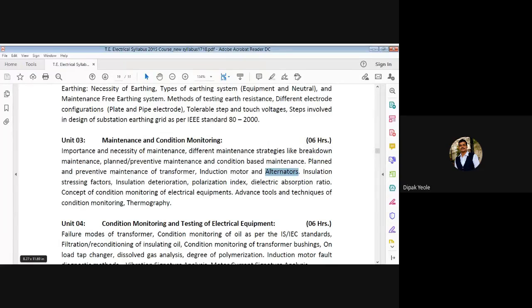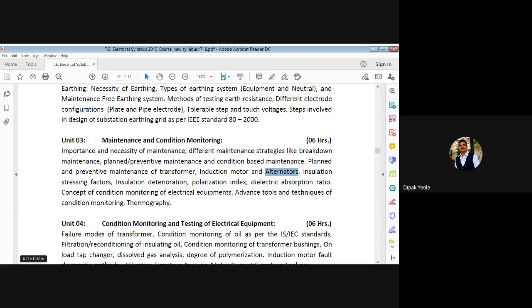That is the need of having synchronous generators or alternators inside the generating stations. And obviously, if there is electrical equipment, we have to carry out maintenance because we are interested in increasing the performance of the particular electrical machine. That is our intention behind this maintenance activity.